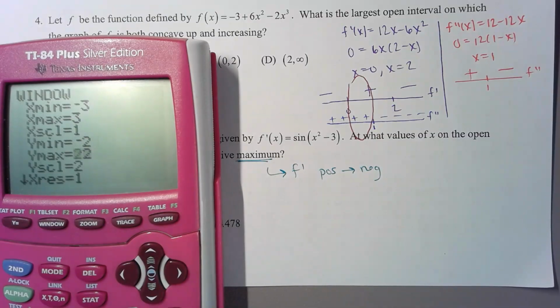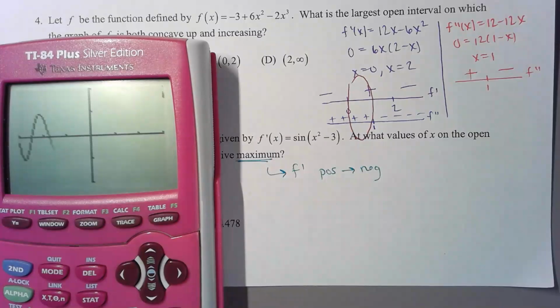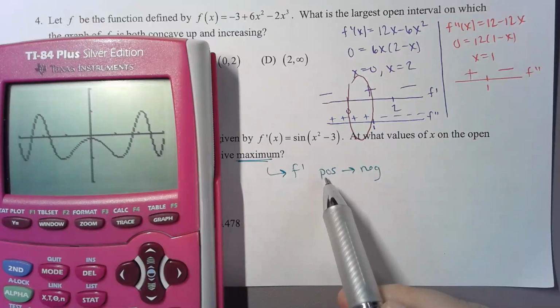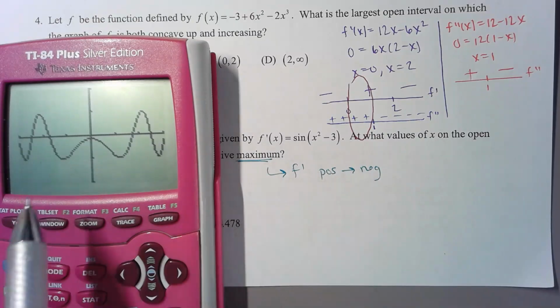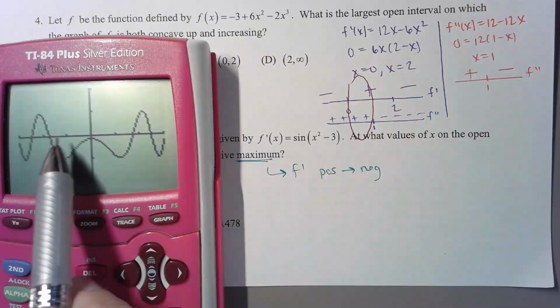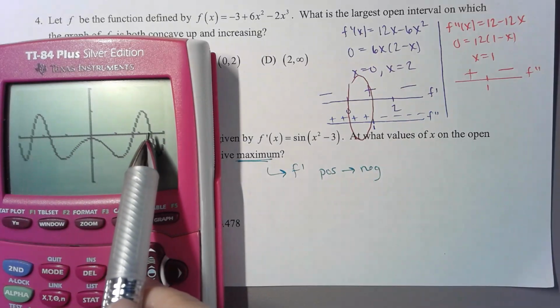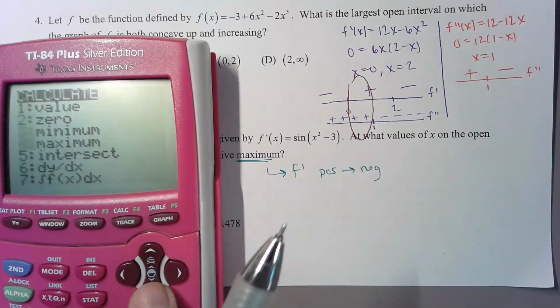Oops. Okay, I wasn't really worried about the y values of my range, just because I was looking for when it crosses the x-axis. So I'm looking to see where I cross from positive to negative. It looks like here and here. So let's go find those.